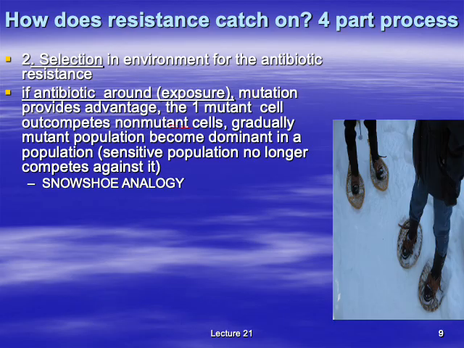The non-mutant cells are all going to die off, and now there's no competition for the resistant mutant cells. They just grow and take over everything, and they become the dominant species in that population, because the sensitive population isn't around to compete against it. That's all that's left.